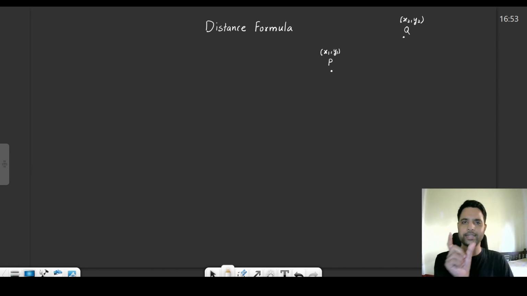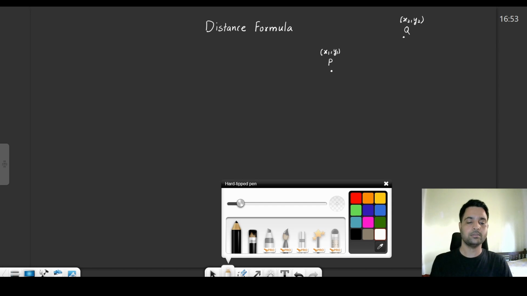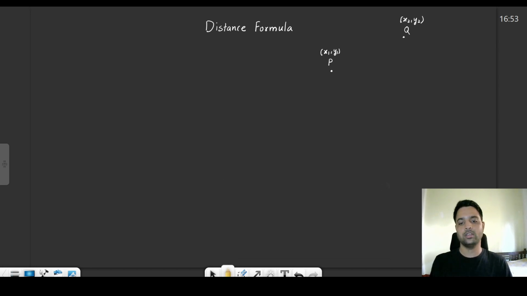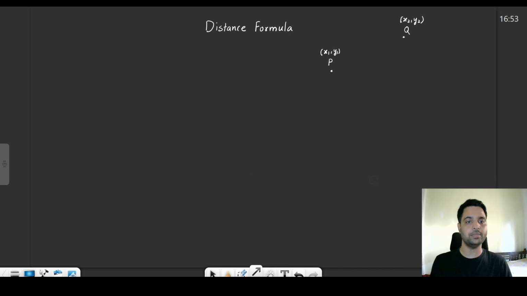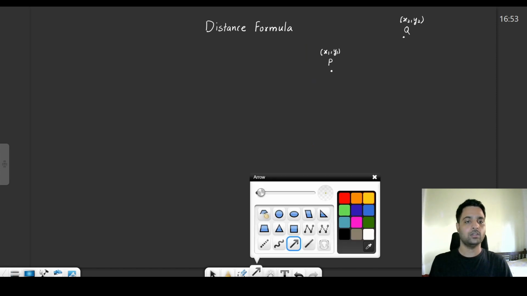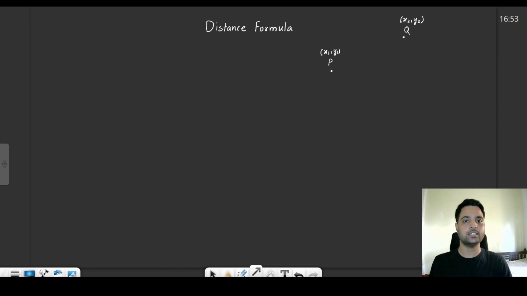Now let us look at this thing from the Cartesian plane perspective. This is the x-axis, as you know.